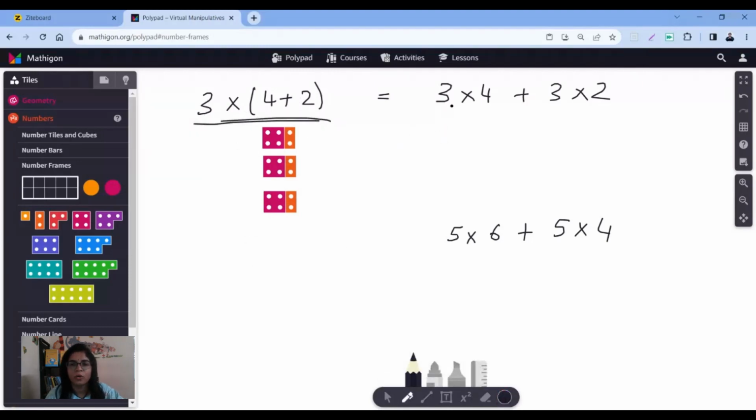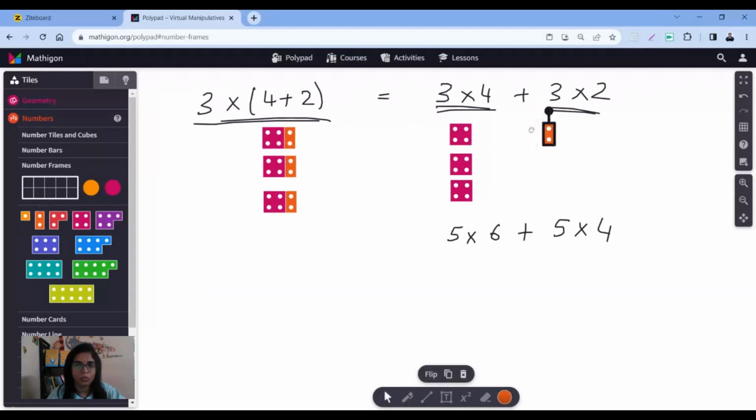Now let's try to do this. This says 3 times 4. So that means I take a 4 one time, another time, and another time. 3 times 4 is done. Okay. Next it says 3 times 2. So 1 time 2, 2 times 2, and 3 times 2. Now, is it same?